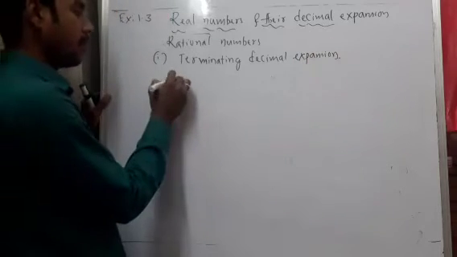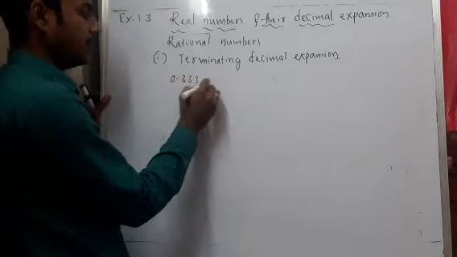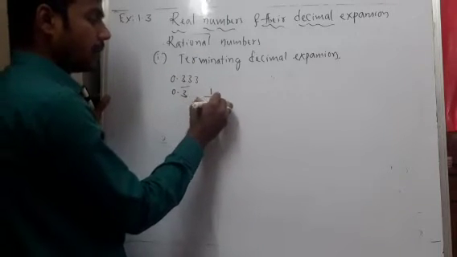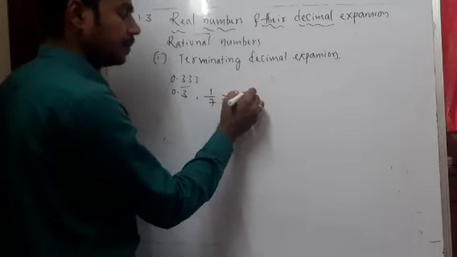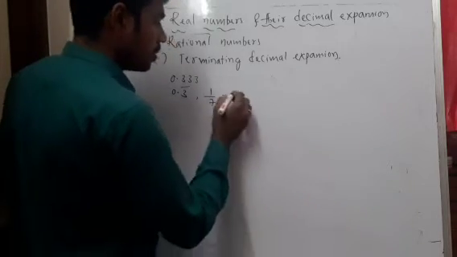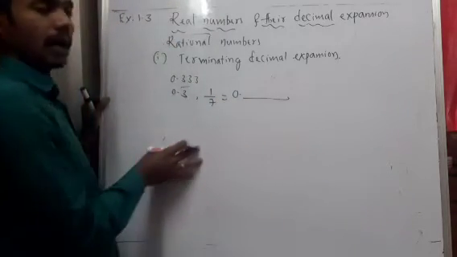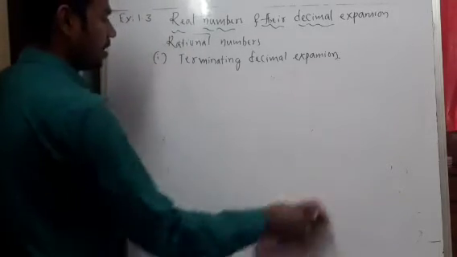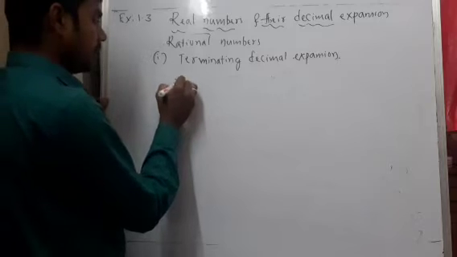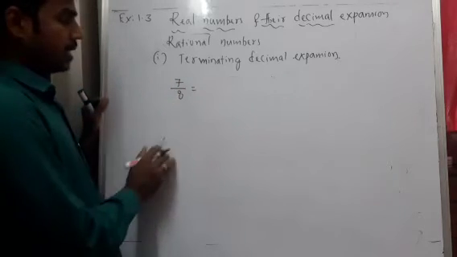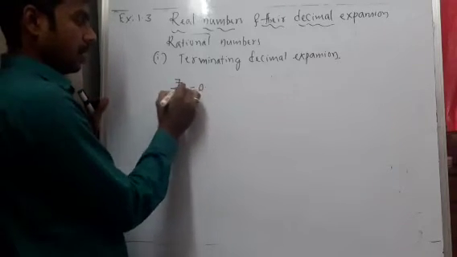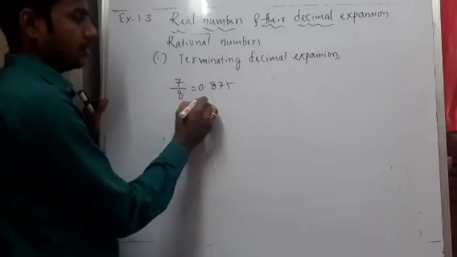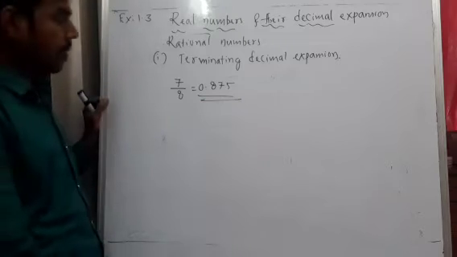I had given the example 0.333, which can be written as 0.3 with a bar, and 1 by 7 is not terminating, it is recurring. Earlier we had also written one more example, 7 divided by 8, which is 0.875. So this was the terminating decimal expansion.